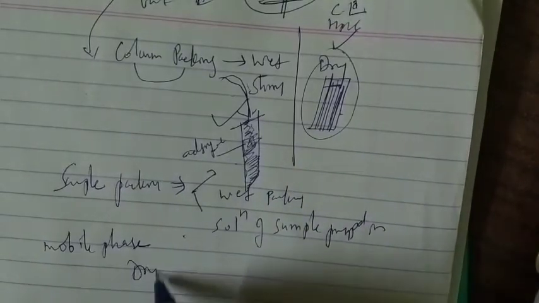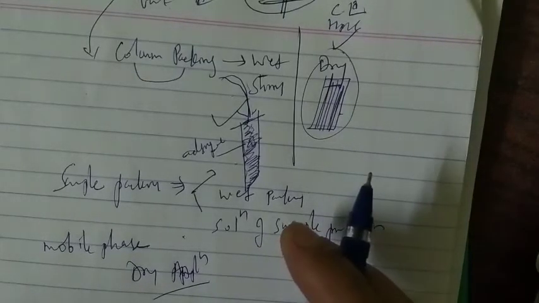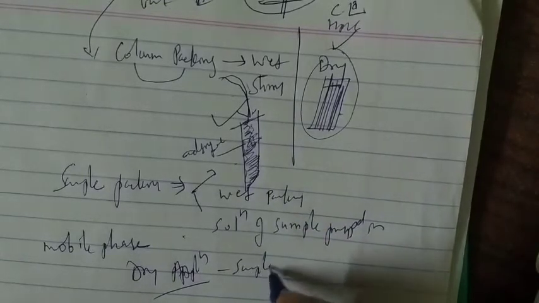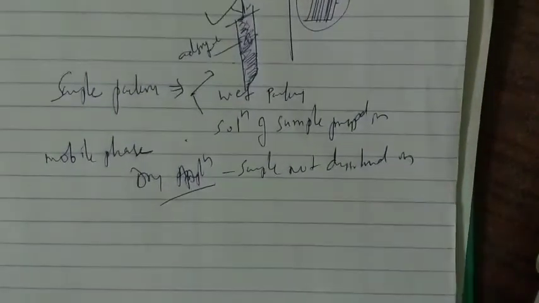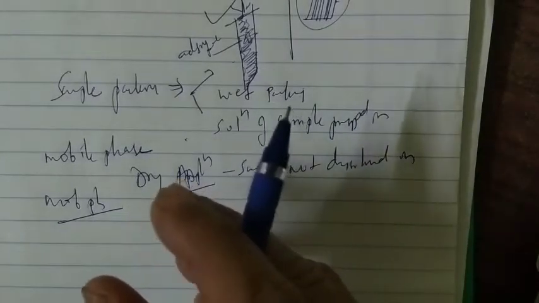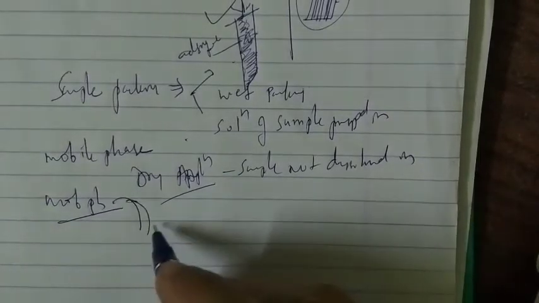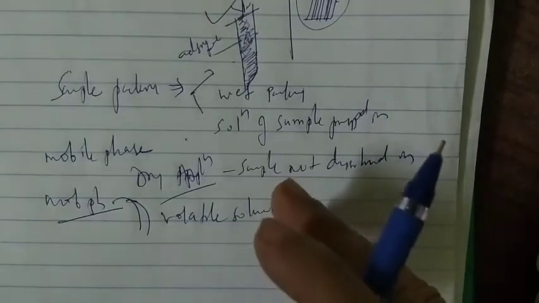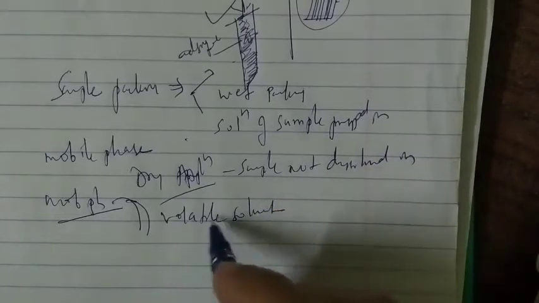In dry application of the sample packing, the sample is not dissolved in the mobile phase. Here a volatile solvent is made use of.